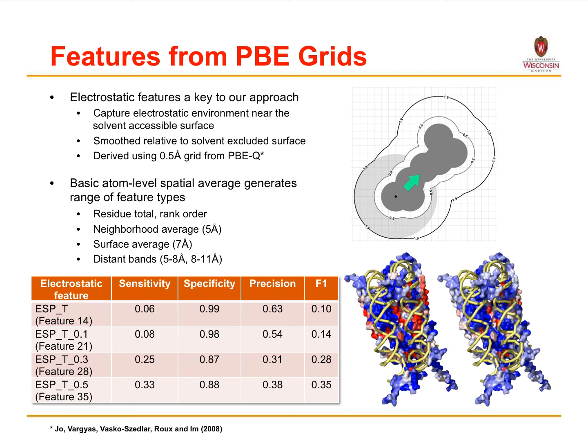This one right here looks like arginine, right? So we have this arginine residue, and what we would like to do is collect information from the 3D grid and map it to a feature for this arginine.